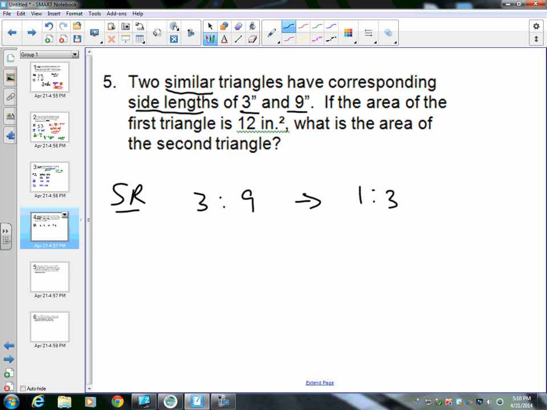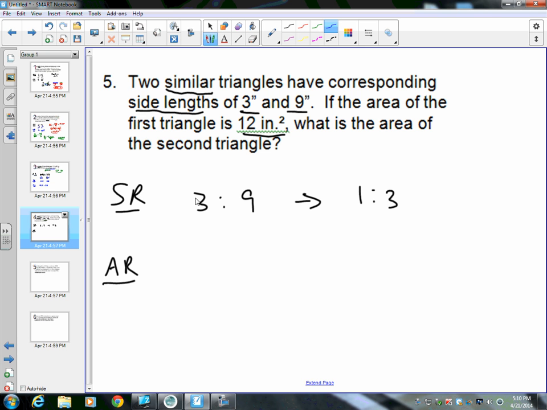It says if the area of the first triangle is 12 inches squared, what's the area of the second triangle? So I don't know the base, I don't know the height, I don't even know what the triangle looks like, but we don't actually need it because we know these ratios. So what we can do is we can set up an area ratio. Okay, I'll go ahead and use a different color, area ratio. And how do we get that?